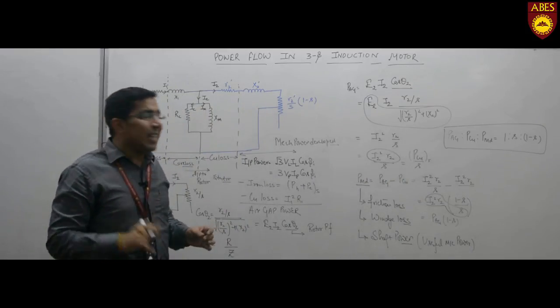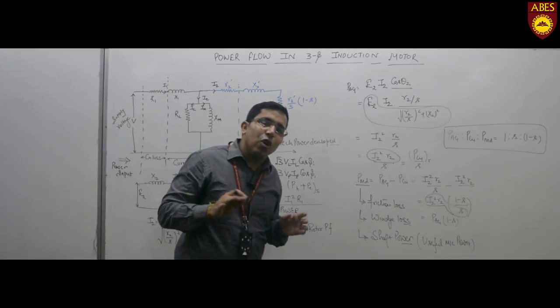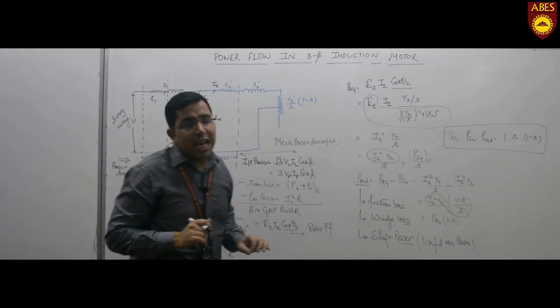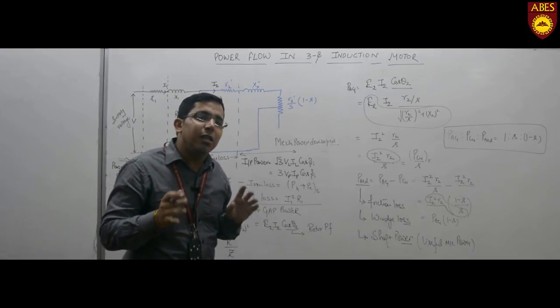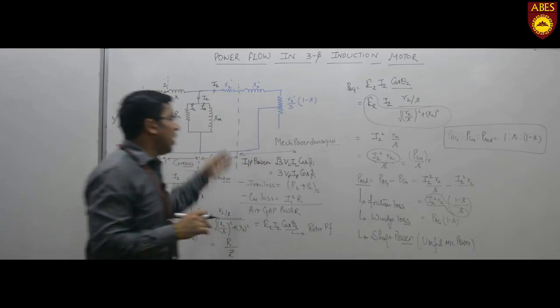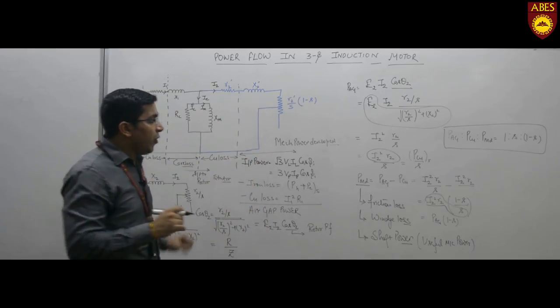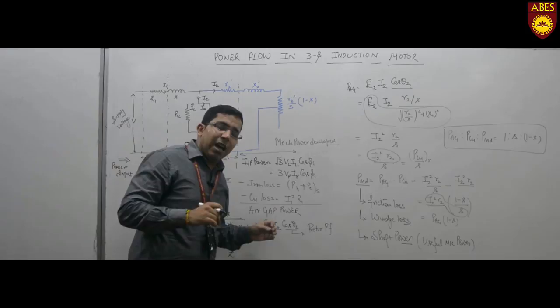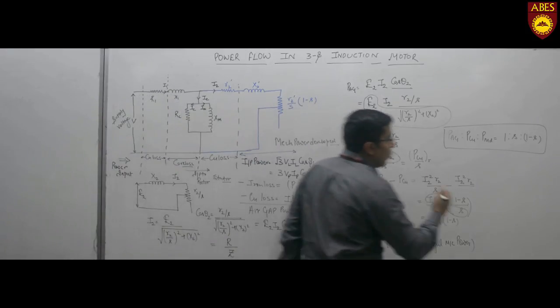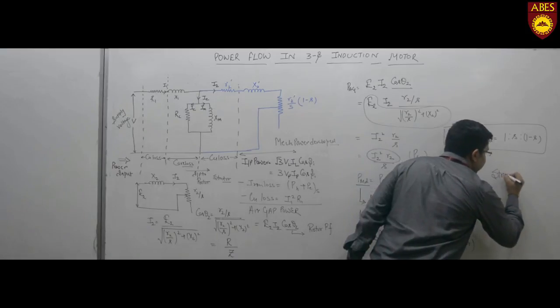Now we have to see that under normal conditions, the friction and windage losses as well as the core losses are considered nearly the same, but the ohmic losses are quite variable. We have to take into account one more loss, known as stray losses.